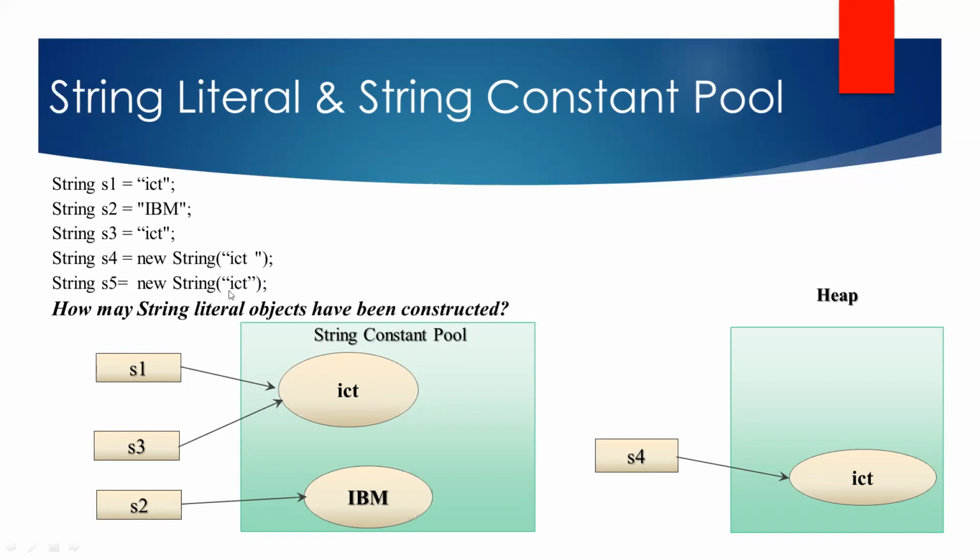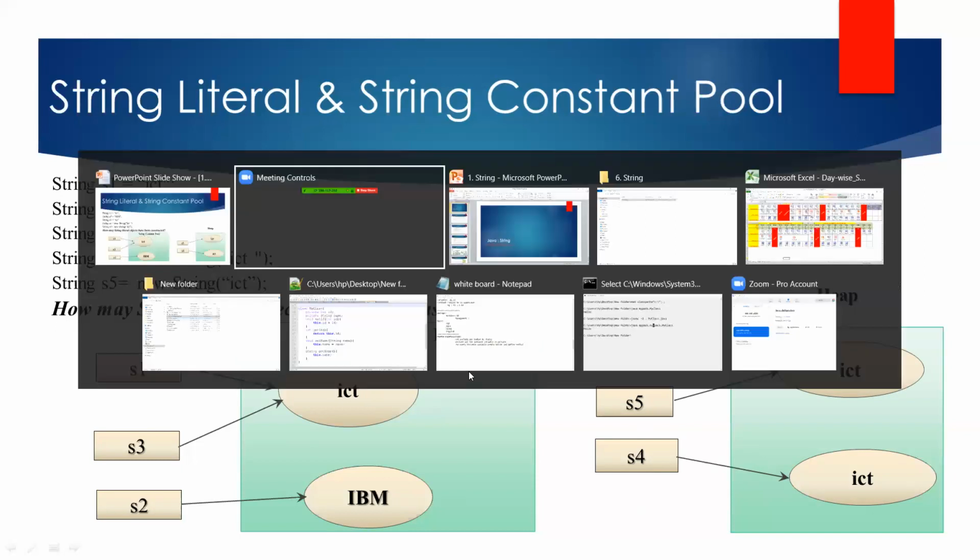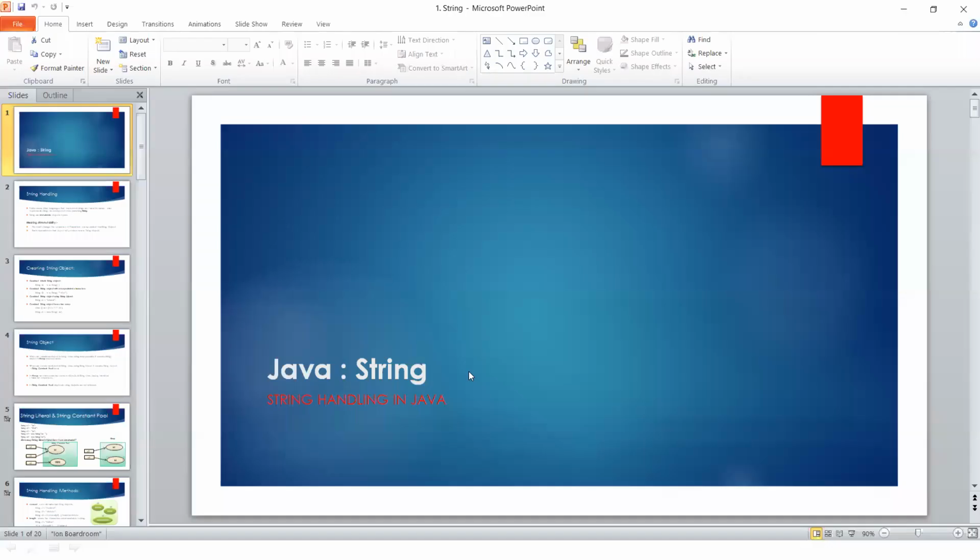So it will also be created in the heap memory area. Why? Because we are creating it with the help of new. And as we have seen in the previous slide, the heap memory area can contain duplicate objects. So look here, ICT is created in the heap.